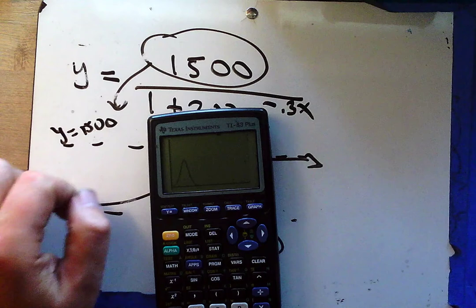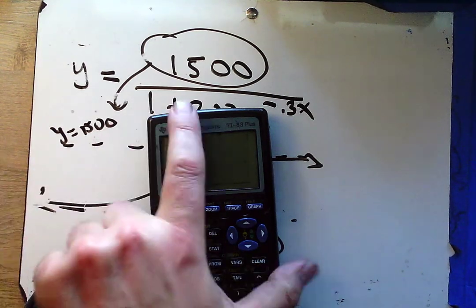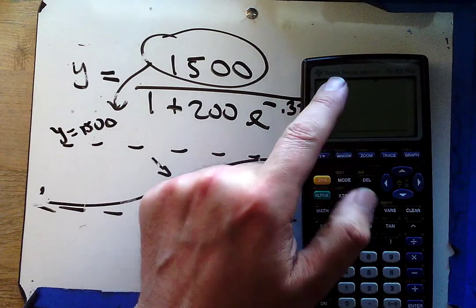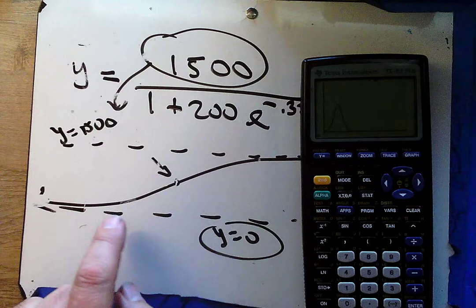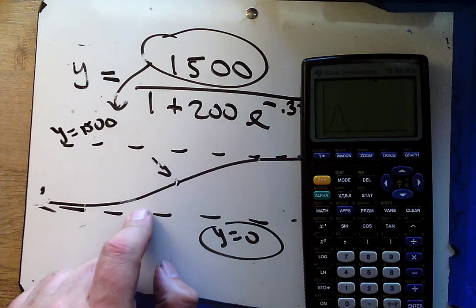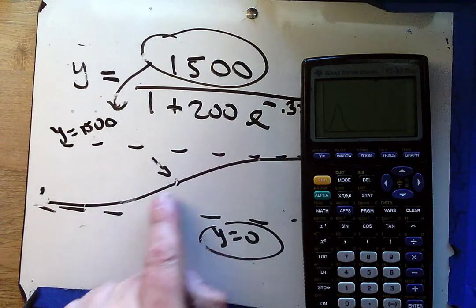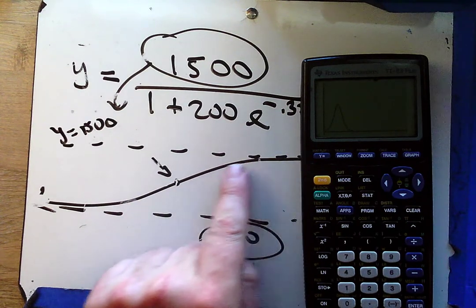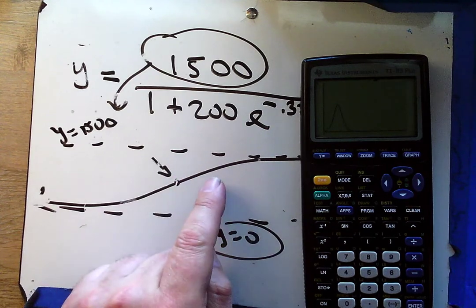COVID curve. You see it? COVID curve about flattening the curve. This curve is the derivative of this logistic function. This is number of people infected. The slopes are people infected per day.